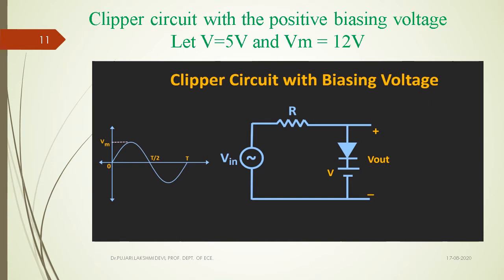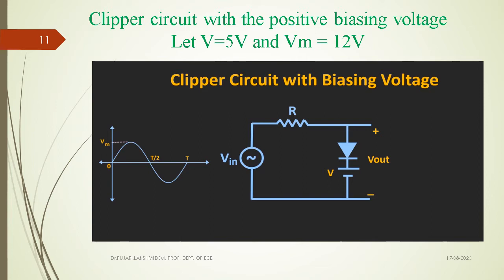In this case, how does the diode function? Just observe, whenever the input is rising from 0 to 12 volts, at a particular point it crosses 5 volts. That means until the input voltage reaches 5 volts, this diode is in reverse bias only.